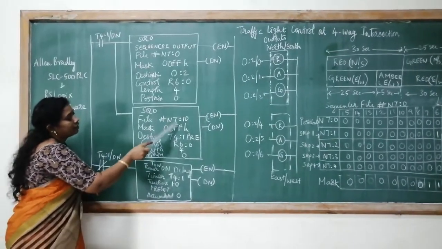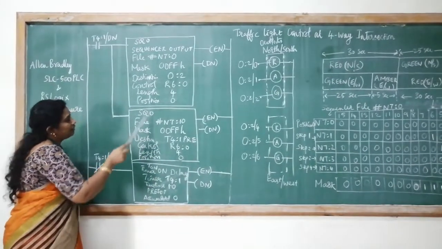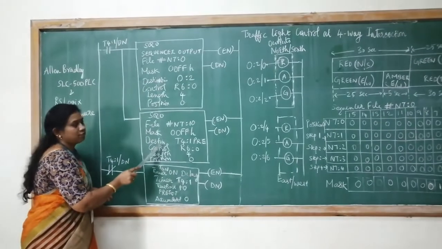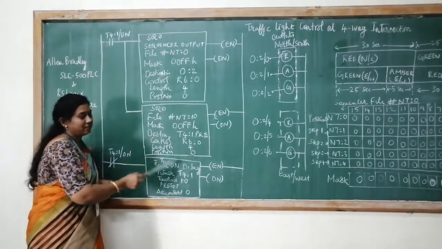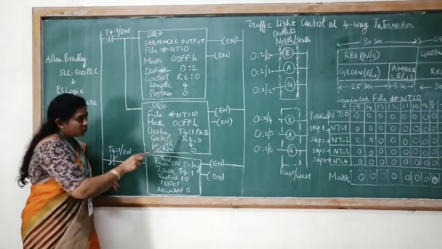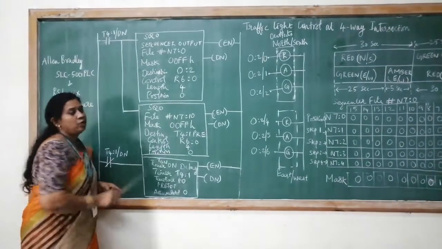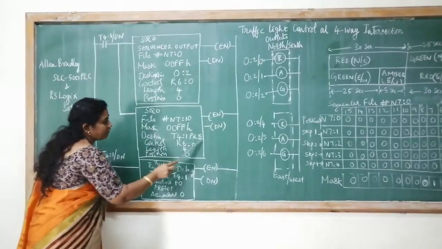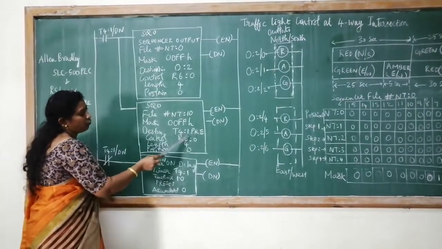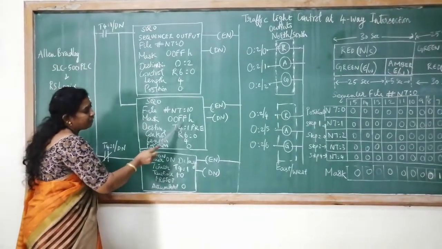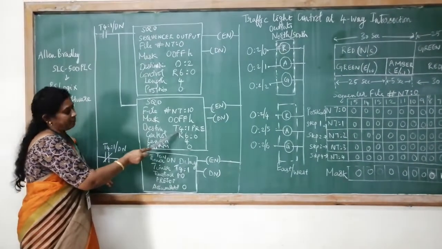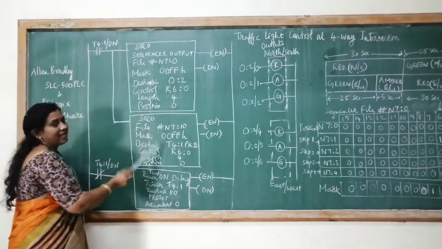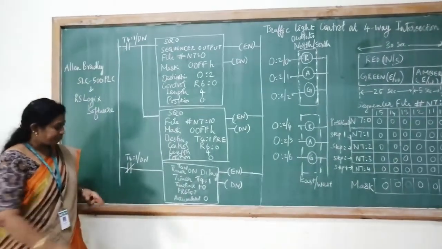The destination of this sequencer file is the timer preset value of the timer, because it is going to change the preset value of the timer as 25 seconds, as 5 seconds. That's why we have given the destination address to be T4:1 preset, and T4:1 is an on delay timer. The rest is as explained in the sequencer output instructions.